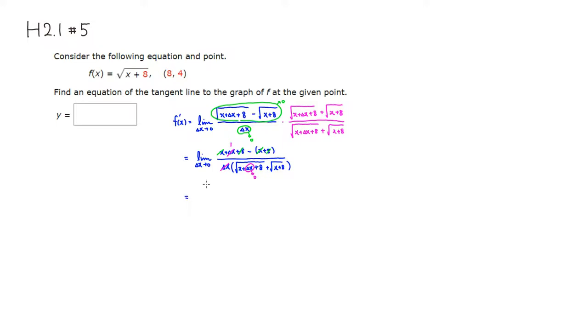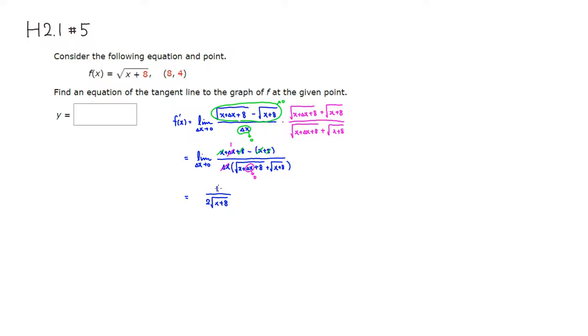What's left is 1 on top over square root of x plus 8 plus another square root of x plus 8. So you have 2 of those, so 2 square root of x plus 8. That's the derivative.